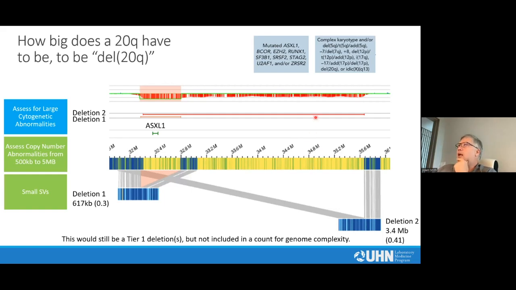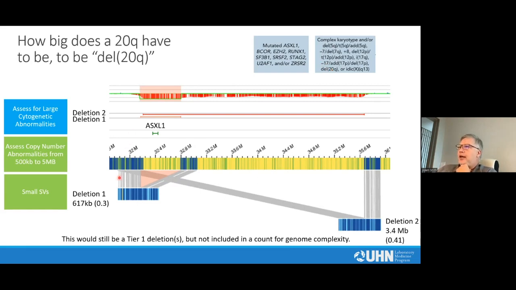And so again, if we look at 20q deletions, for example, here are some key criteria for categorizing AML patients. One is mutations in ASXL1, BCOR, etc., or the complex karyotype and/or classic cytogenetic abnormalities associated with myelodysplasia-related MDS or AML, and of course the del20q.